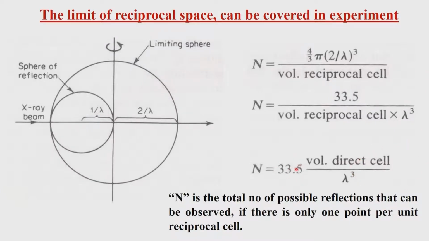So, 33.5 times the volume of the direct cell divided by lambda cubed. If you calculate that, the value of n turns out to be 14,700. So, it means that we can measure 14,700 reflections in principle if we use the copper K alpha radiation in a unit cell with dimensions 8 by 10 by 20.